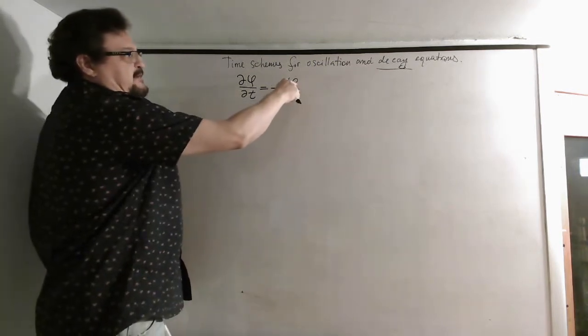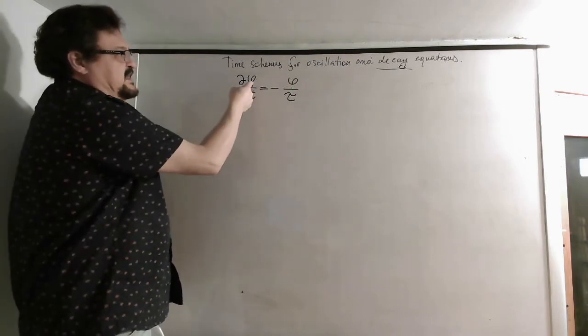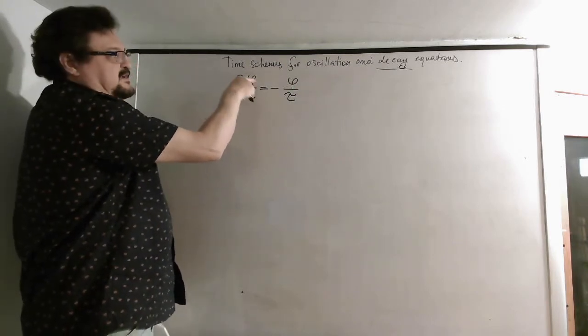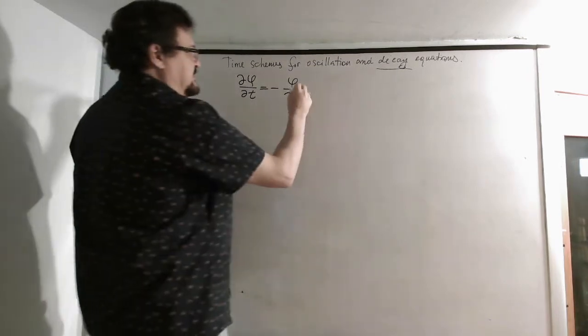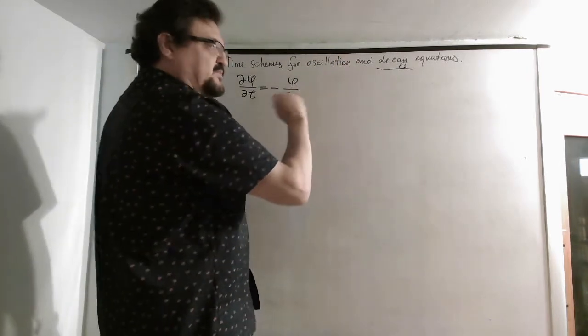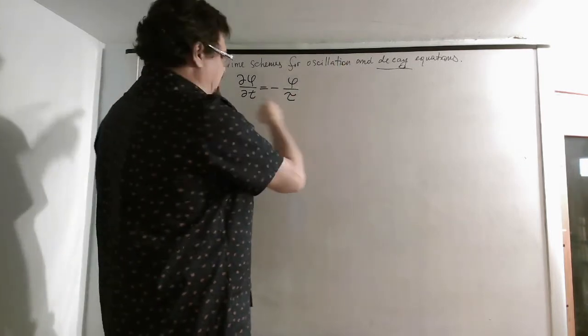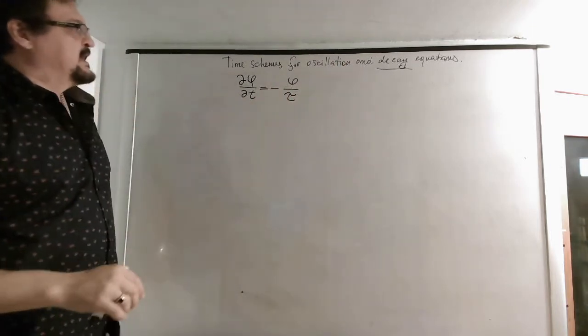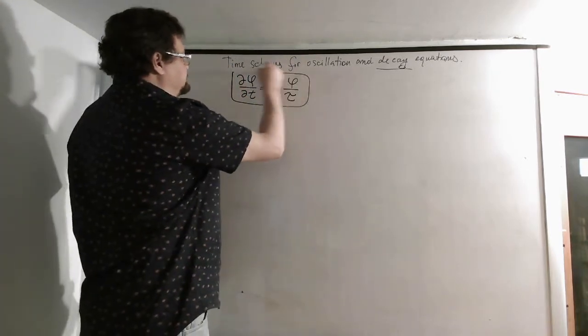If there is some offset value, it does not matter, because we can just redefine the variable. Even if we have u minus u prescribed, we just define a new variable φ equals u minus u prescribed, and then we have this form. So this is the general form of the decay equation.